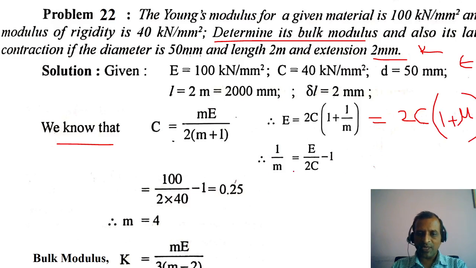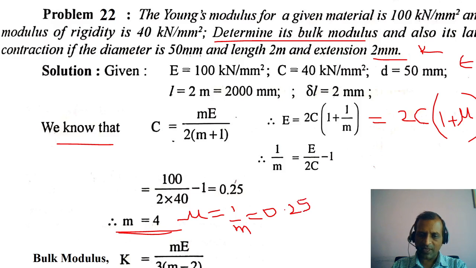So now find out 1 by m is E by 2C minus 1. Substituting all the values, you will get m value as 4, or you can get the mu value also. Mu is 1 by m, that is equal to 0.25, because 1 divided by 4.